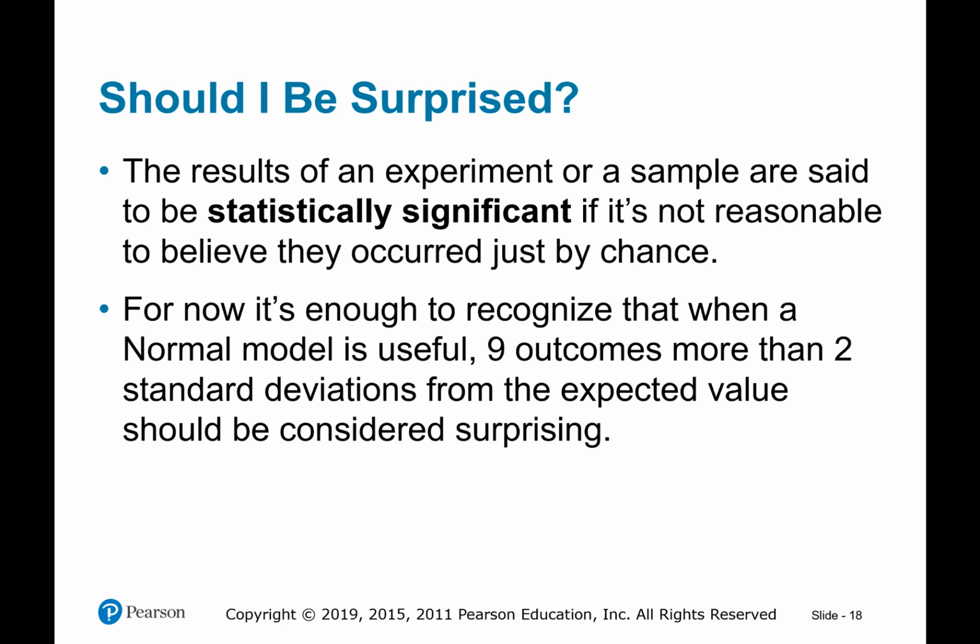I'm not sure where that 9 came from, I think that's a typo. Okay, it's got to be more than 2 standard deviations off. And again, we'll get into that later.